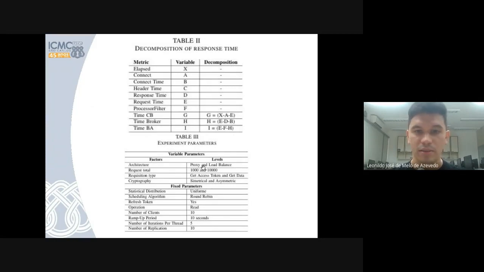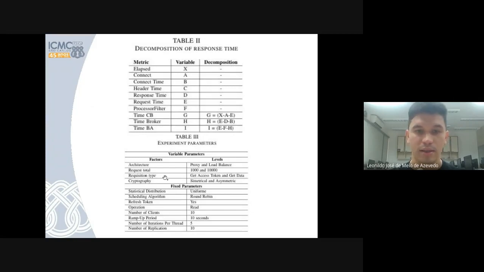In the first case, the levels are proxy, and by proxy I mean the first scenario without a load balance, and the second level is the architecture with a load balance. Also the requests: 1,000 requests and 10,000 requests.